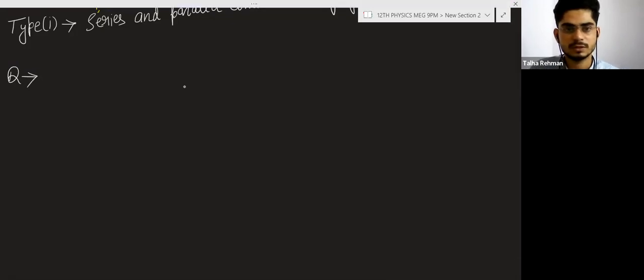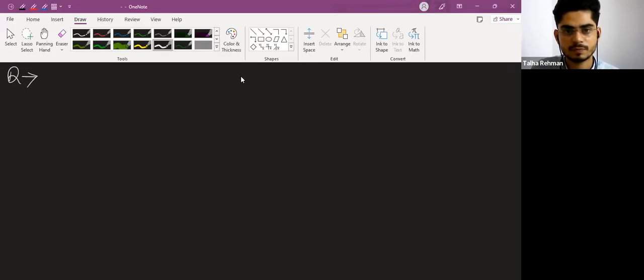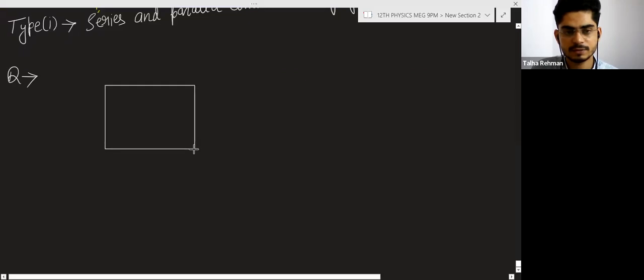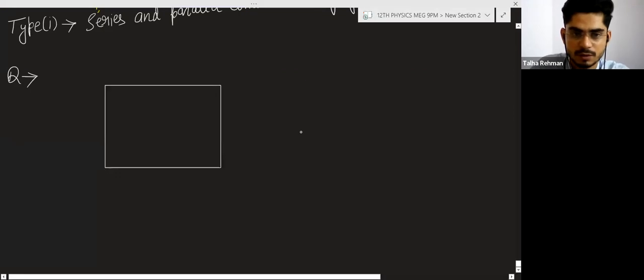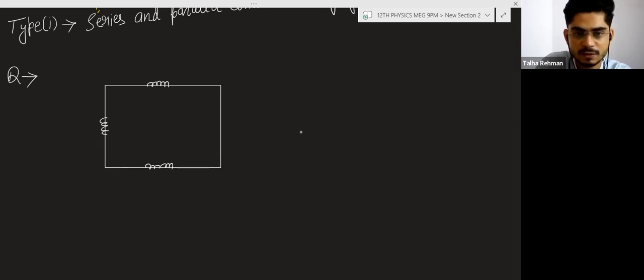actually a question like this. This is the wiring in the form of a square, and one resistance is connected on this wire, one on this wire, one on this wire, and there is another wire here like this, and another resistance is connected like this.